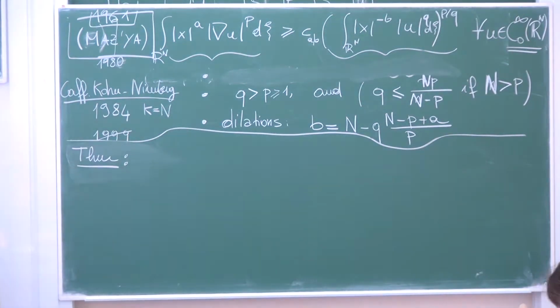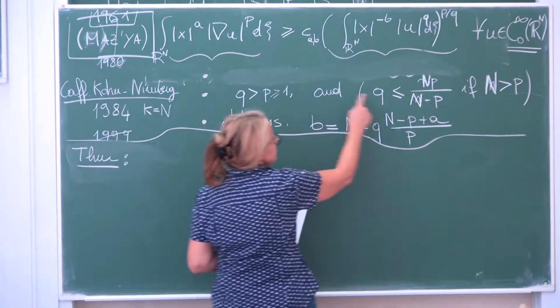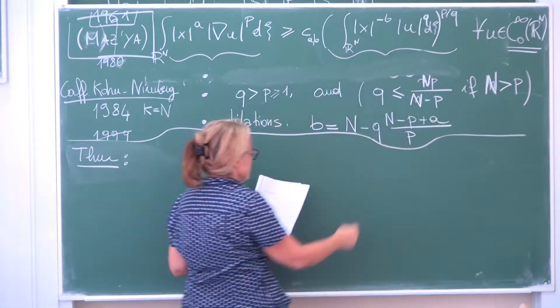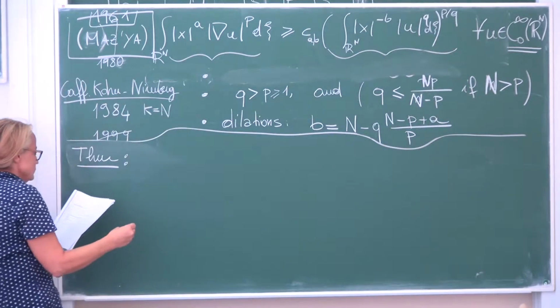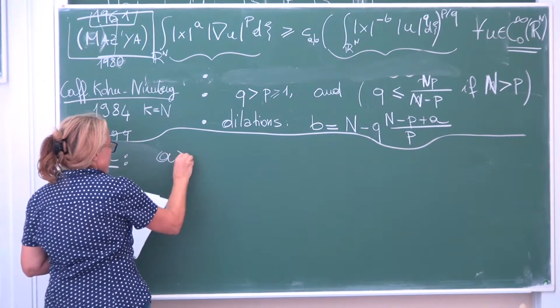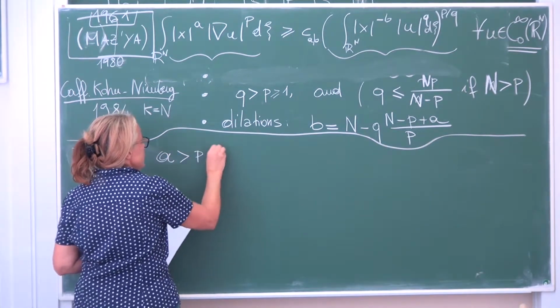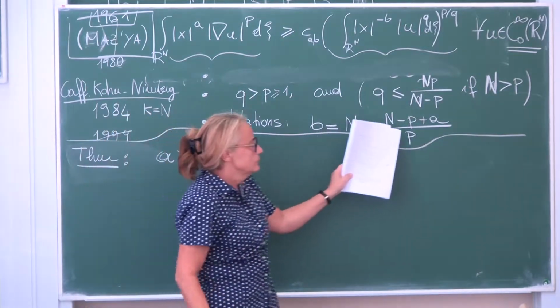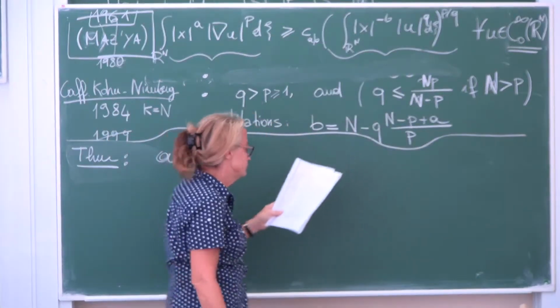And the theorem is that, I think I will prove it in the second part. Okay, this is an assumption, this is an assumption, this is an assumption, and as concerns summability, A is greater than P minus N to have this positive.